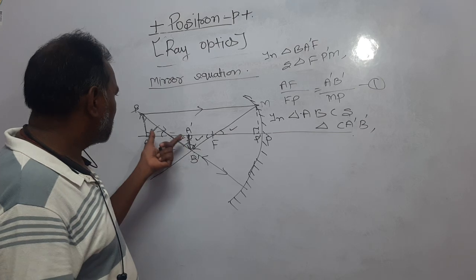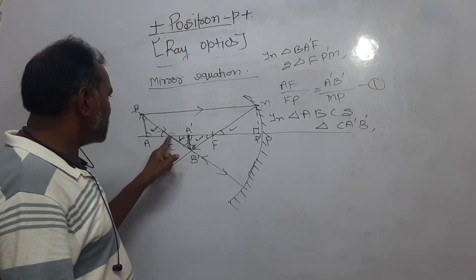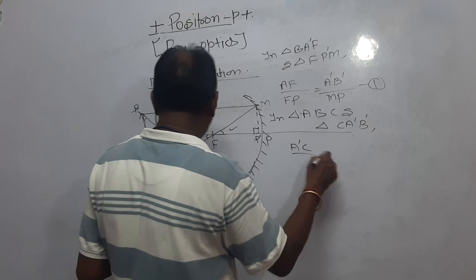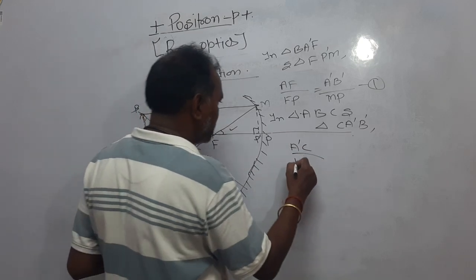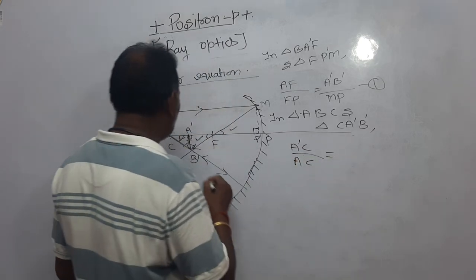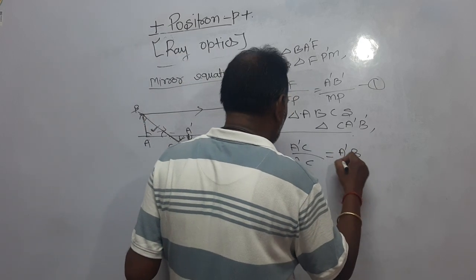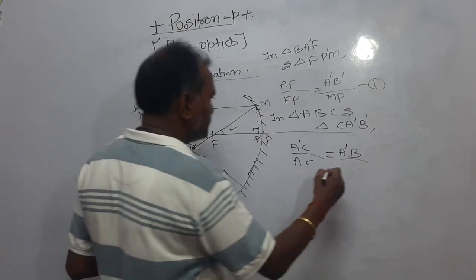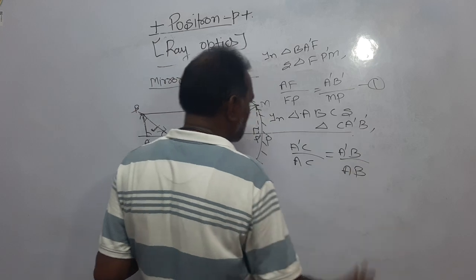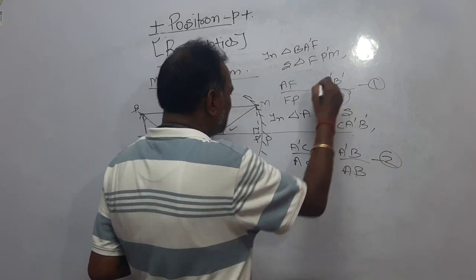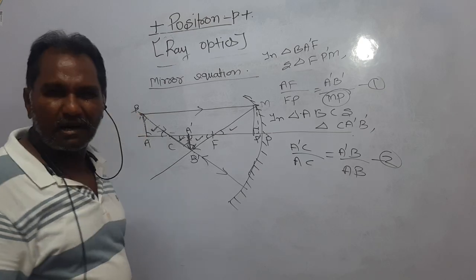Now, dear student, in these two triangles, the base A dash C over the base AC is equal to the height A dash B dash over the height AB. In this, MP is equal to AB actually.